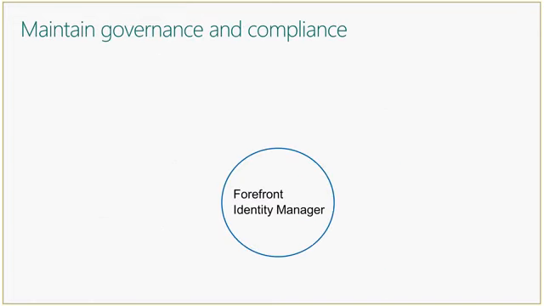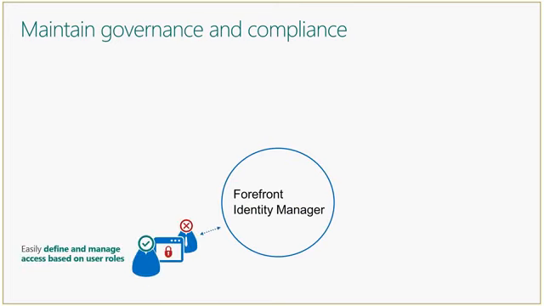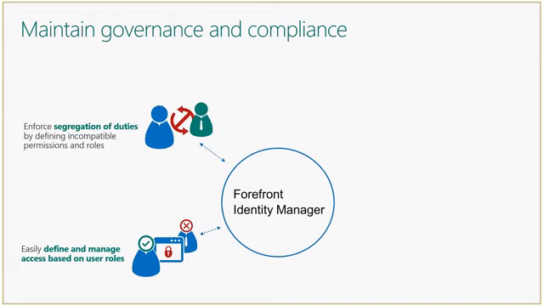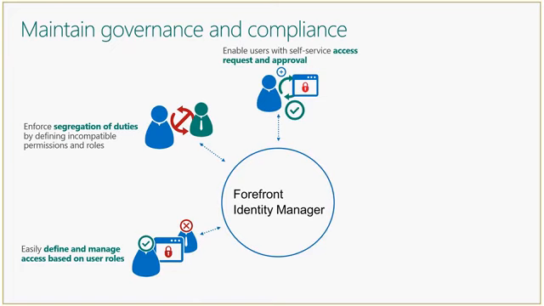A little bit about governance and compliance. We do this with Identity Manager today through the Balabit suite. It allows us to define and manage access based on user roles. It allows us to do segregation of duties, making sure there are no incompatible permissions. You shouldn't, for example, be able to raise a PO and approve it. That's a very simple example. We want to do self-service access requests and approvals.